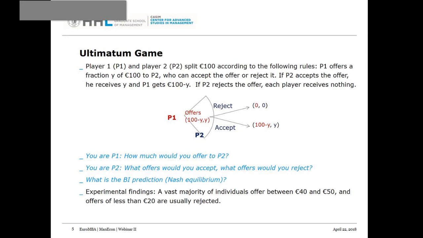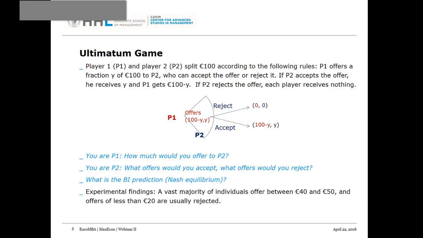If I would ask you what is the Nash equilibrium of this game, then by using backward induction, you would arrive at the following finding. If you are an individual concerned with money, you are player 2, and player 1 offers you something, then you take whatever you get. So if you get 1 cent, 1 cent is better than nothing, right?